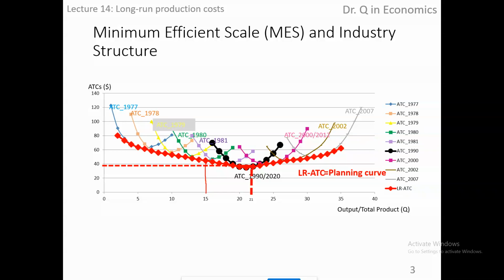If it chooses any other size, like the purple one or the yellow one, it won't minimize the per unit costs like the green one does. All the others' per unit cost is higher than the green firm size.